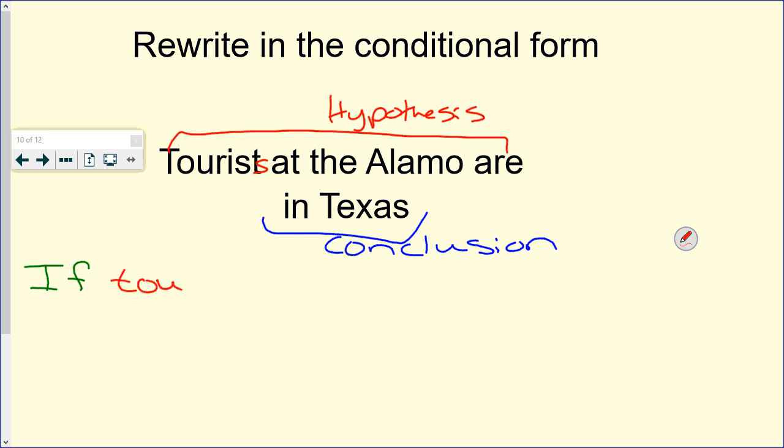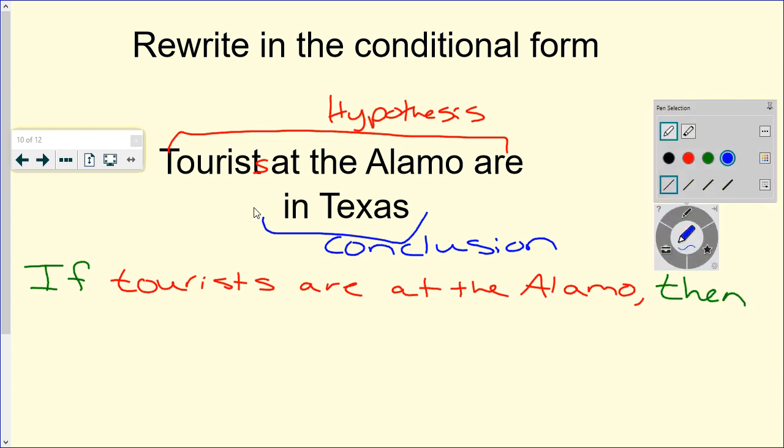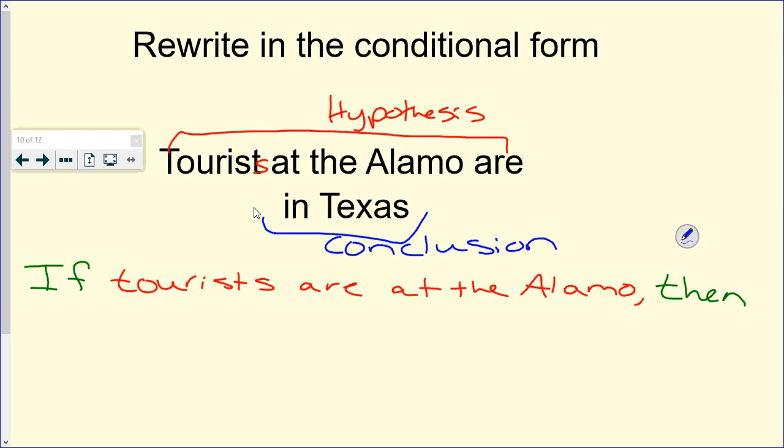So if tourists are at the Alamo, what's that key word that comes up after my hypothesis? My key word will be then, my conclusion. What have I figured out if I know that tourists are at the Alamo? They're in Texas.